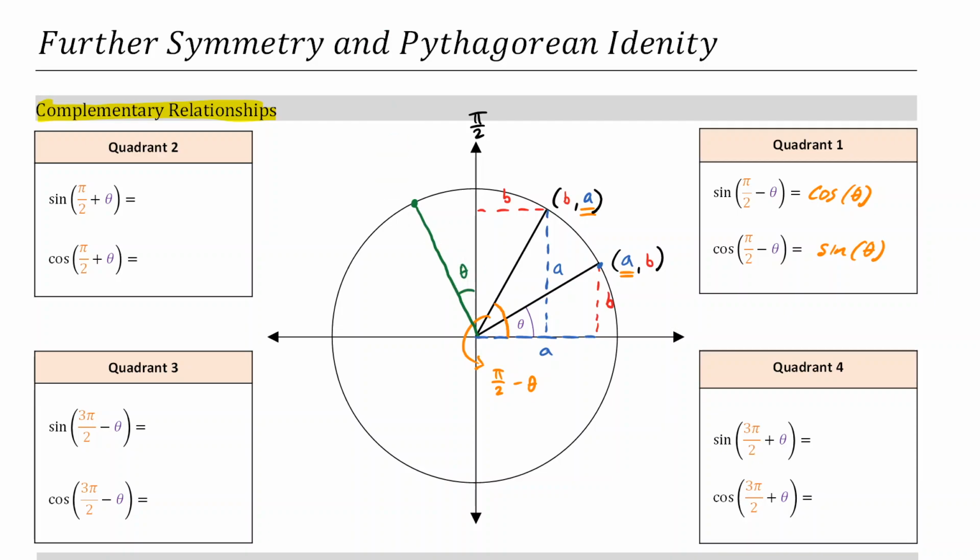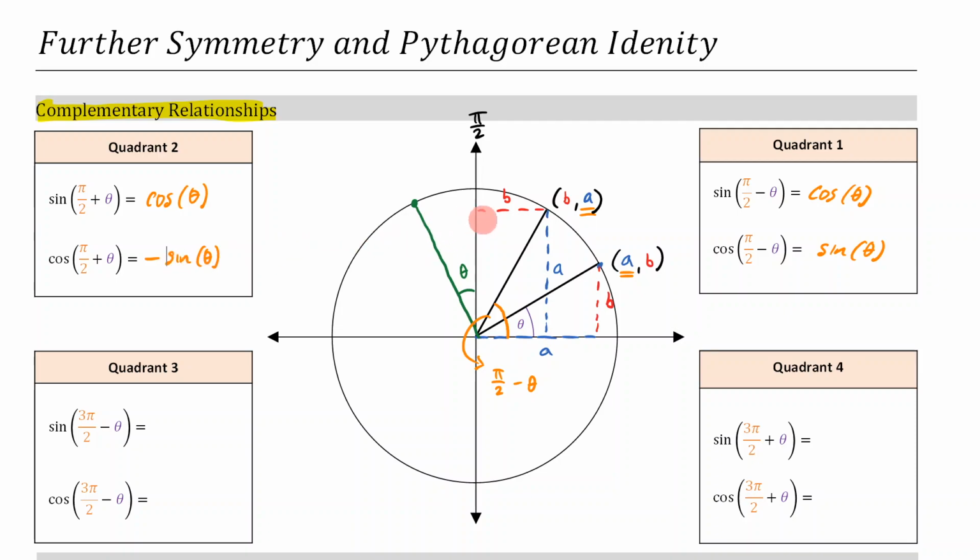We can say now, well, the sine of pi on 2 minus theta, I'm now over here. I'm going to swap the sine to a cos. So over here, I'm going to take this cos and I'm going to change it to a sine. But here you have to be careful, because the cos in my second one is going to be negative, isn't it? Because cos over here is my x value, so now they're going to be negative. So I have to put a negative in front of my sine. It's going to be negative sine of theta.